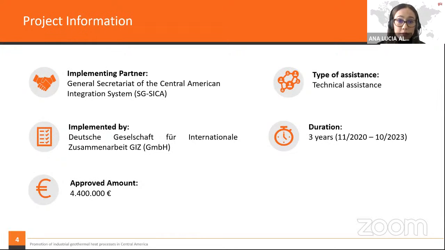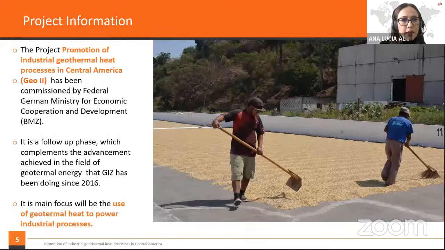We are the ones who implement this project as technical assistance, and we have 4.4 million euros for this work until October of 2023. As I mentioned before, this project will be focused on direct uses and more specifically the use of this heat in the industry.